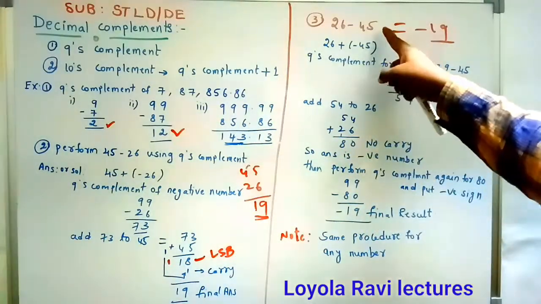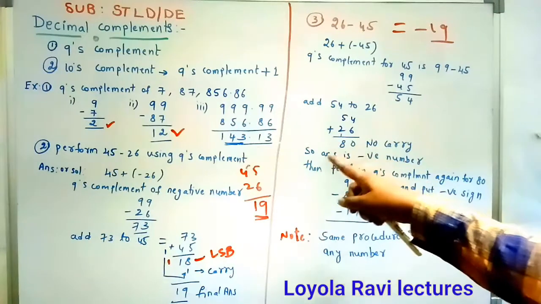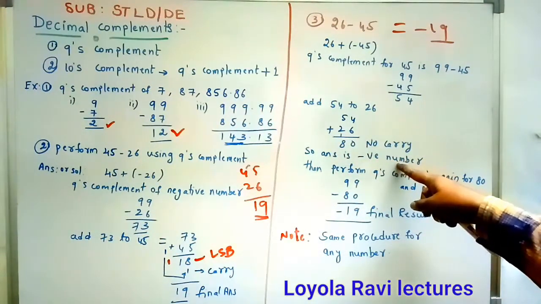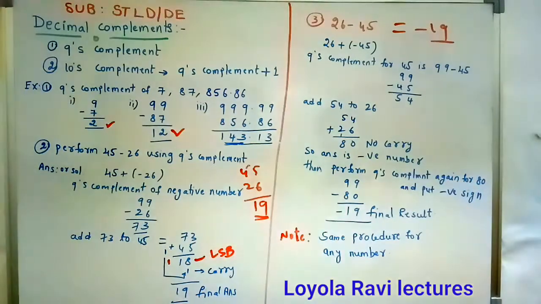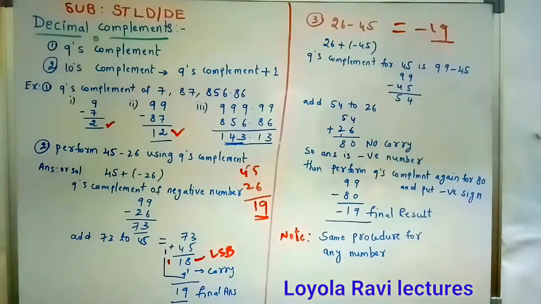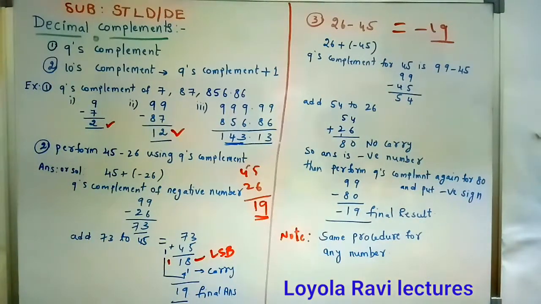If there is no carry, the answer is a negative number. That's why we have to perform 9's complement again for the result. Here for 80 we have to perform 9's complement again. This is the additional thing we have to do when subtracting a larger number from a smaller number.